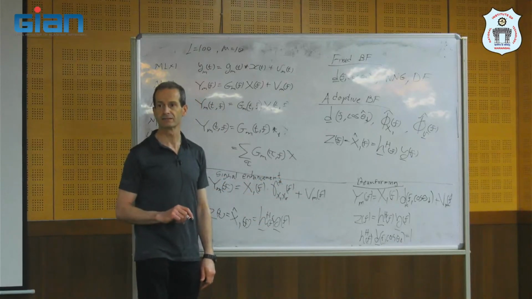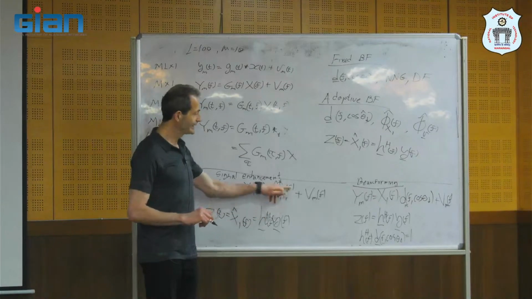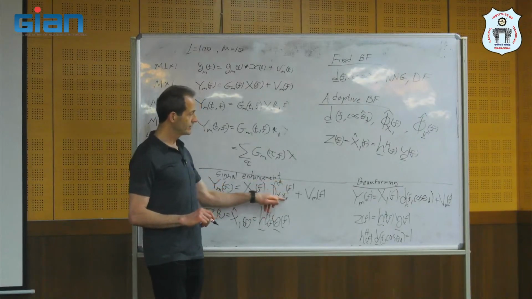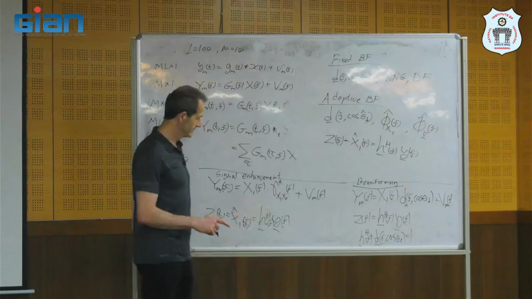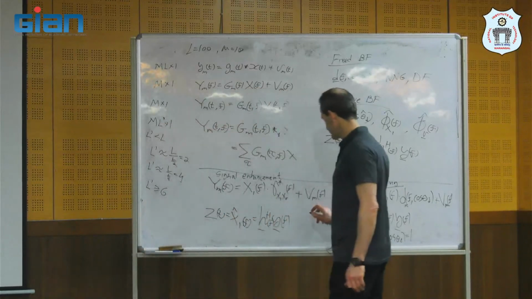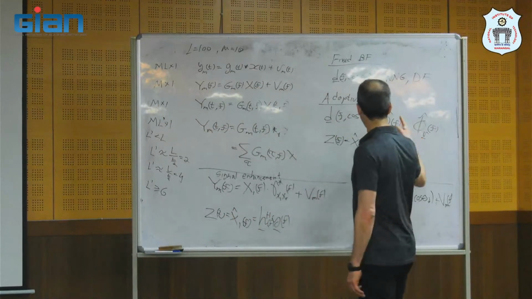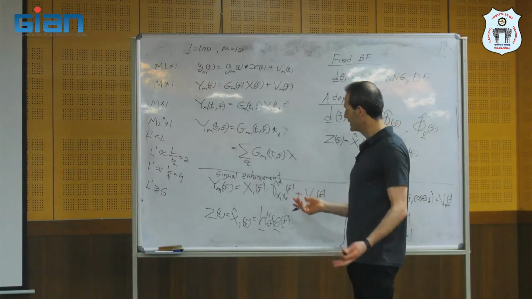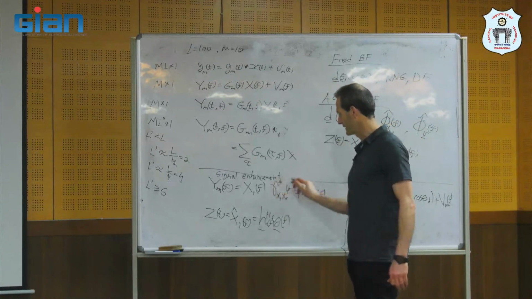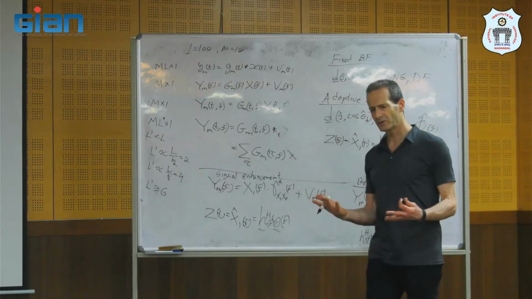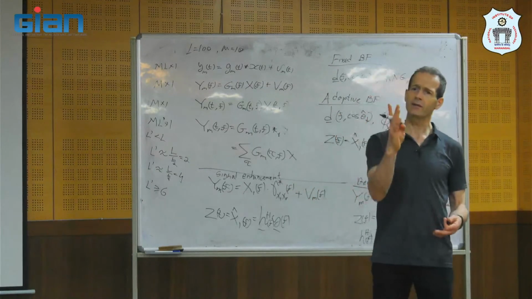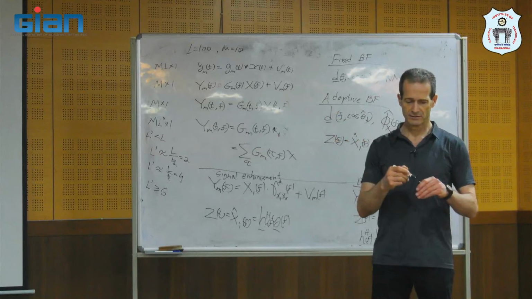This is the difference. So here I need the correlation matrix phi x, or actually I need the steering vector, which takes into account not only the direct path, but all the reflections.